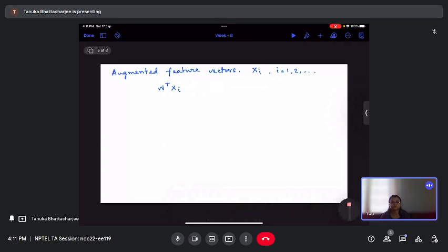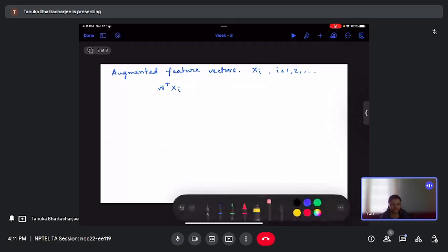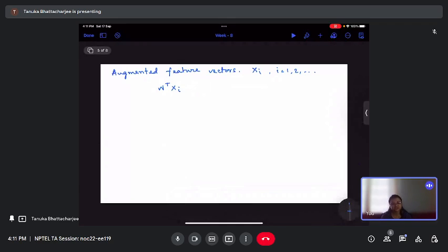You do not need to specify w naught separately. w naught is already within this vector w. The last element of this vector w is basically the bias term w naught. To include that, you have appended 1 at the end of all xi.